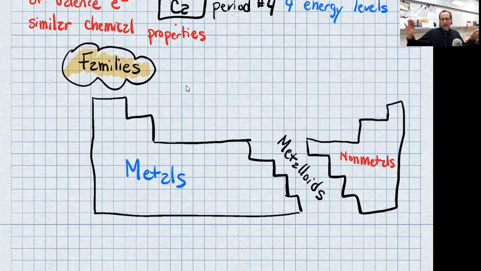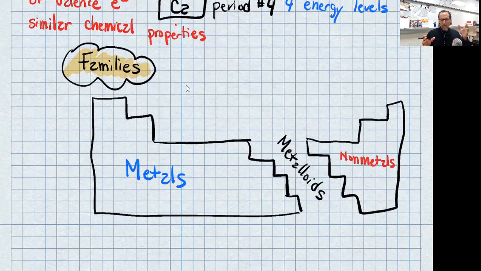I have my nonmetals on the right side, which make up a smaller group of the elements. And then in between those, I have my metalloids. It might be helpful for you to go through and look at your notes as far as what are the characteristics of metals, what are the characteristics of nonmetals, and know that metalloids kind of have a mixture of both of those traits.